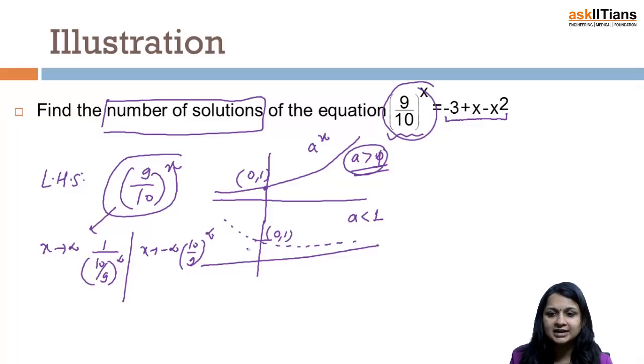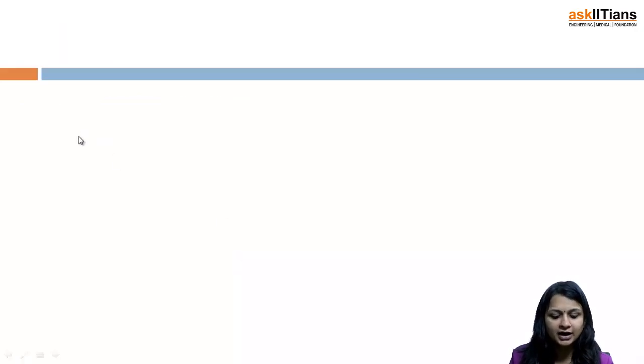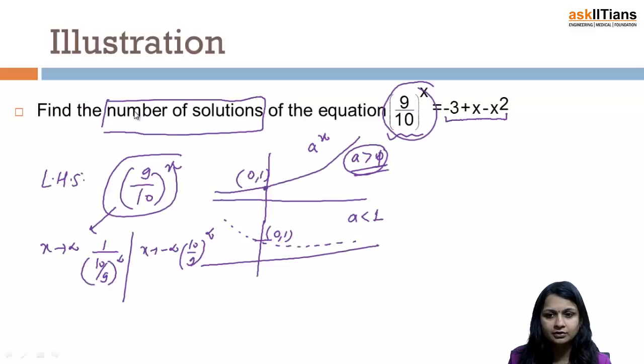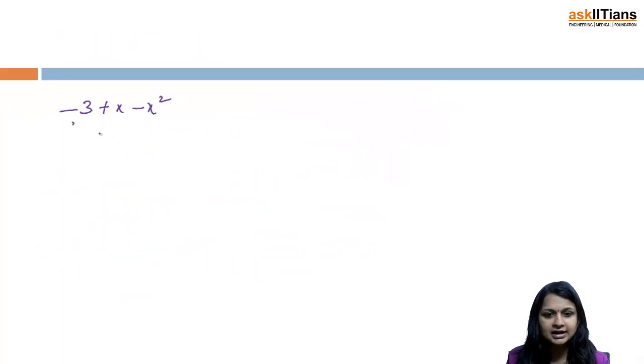Now let us analyze the graph for our quadratic function, minus 3 plus x minus x square. I can write it as minus x square plus x minus 3.